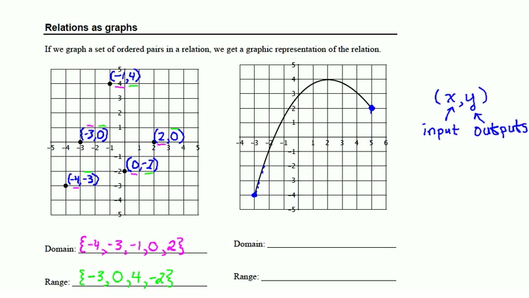So we cannot list the values in the domain here. This is going to be an infinite set, and therefore we're going to need to use a different kind of notation here. Set builder notation and interval notation would be the most common kinds of notation to use to describe this domain.